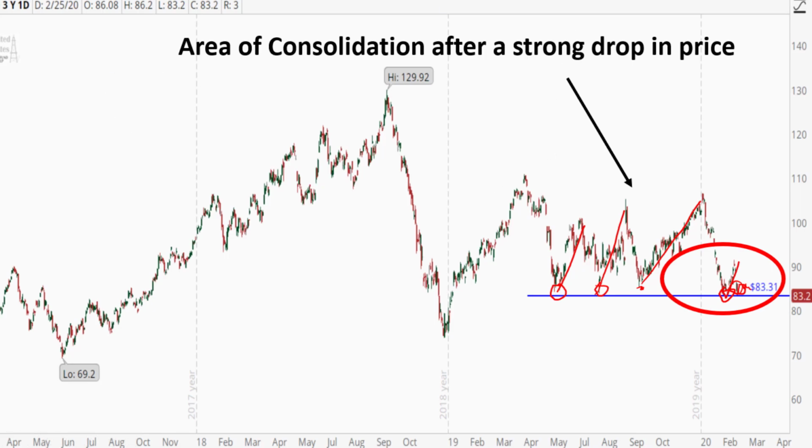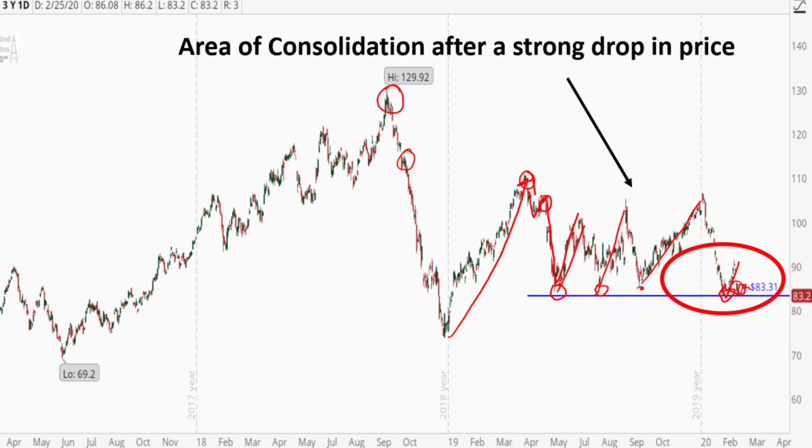Now, an interesting thing on this one is that prices had tried to rally back up and were unable to get to some of these other areas that were highs. And every other time that we came back up, we were unable to break out to new highs.